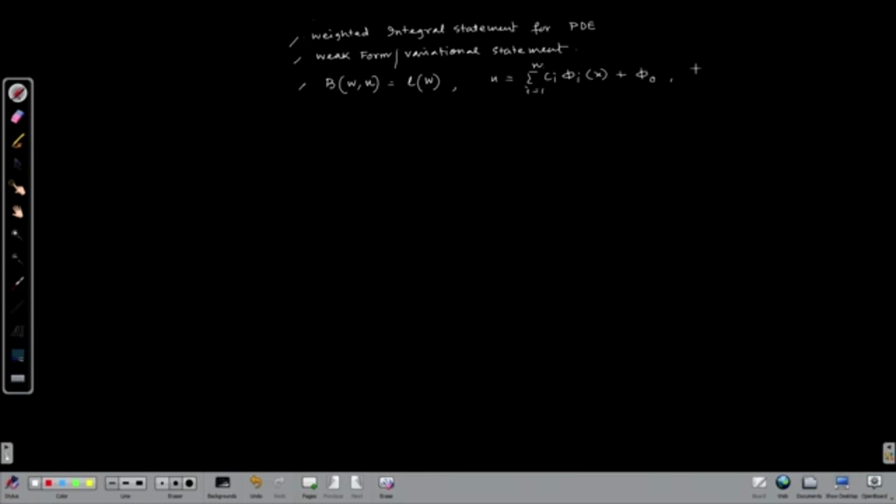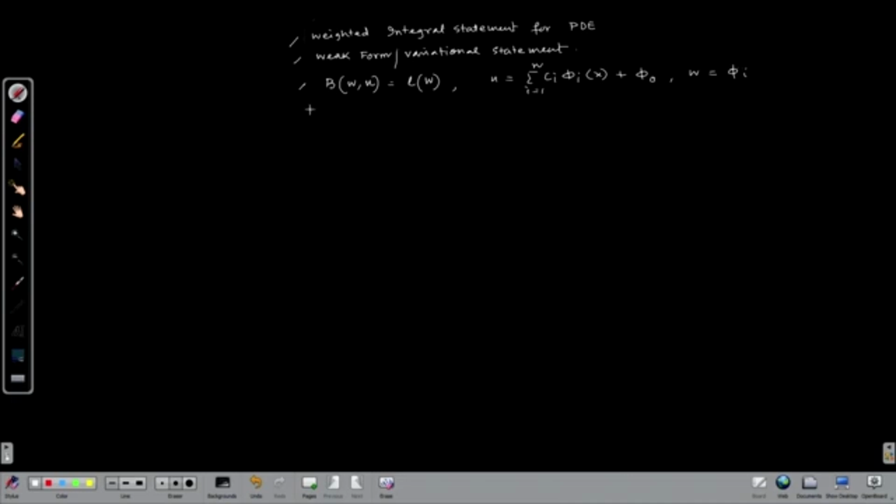One important thing that we have learned is that the weight function W is taken as the phi_i's.